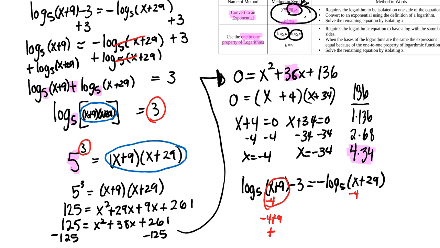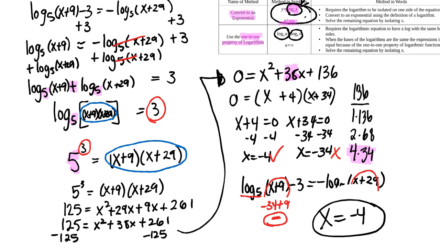If I put a negative 4 into this expression, negative 4 plus 29 would give me a positive. That's good. So we're going to be able to keep the negative 4. Okay, but let's try it again with the negative 34. If I put a negative 34 into this expression, I'm going to get a negative number. Log of a negative number is undefined, so we're going to have to throw that solution away. So the only solution is going to be x equals negative 4.